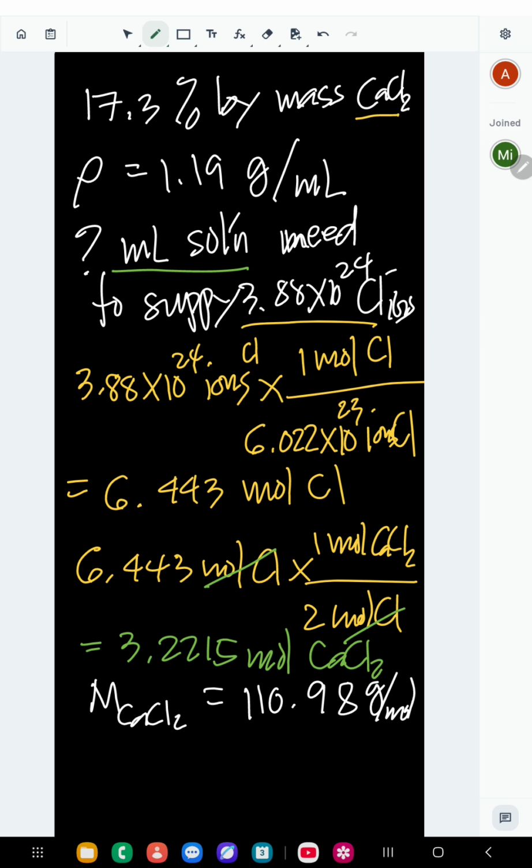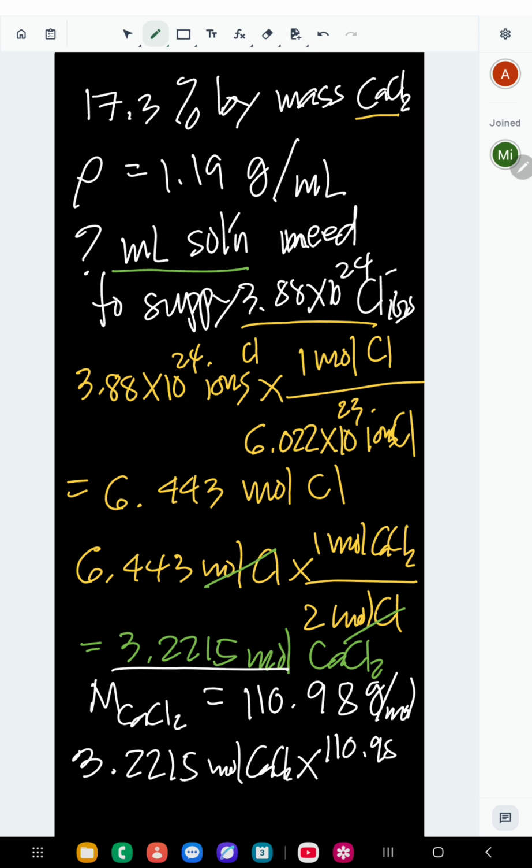From the 3.2215 moles calcium chloride, we multiply by 110.98 grams calcium chloride per 1 mole calcium chloride.